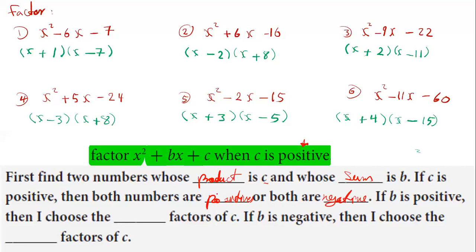So maybe positive, maybe negative. If C is positive, what does it mean? If the last term is positive, the signs will be the same: positive, positive, or negative, negative, okay?